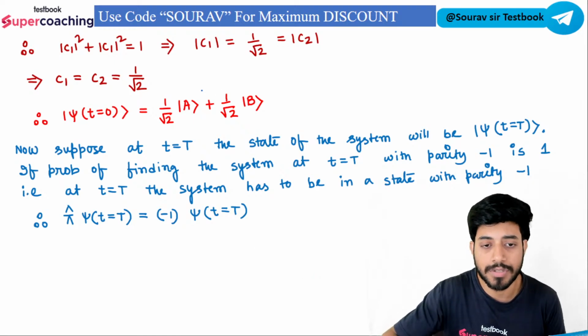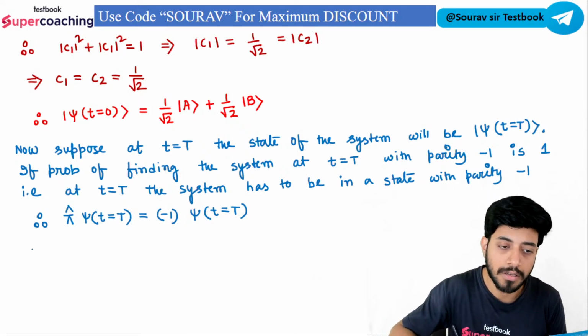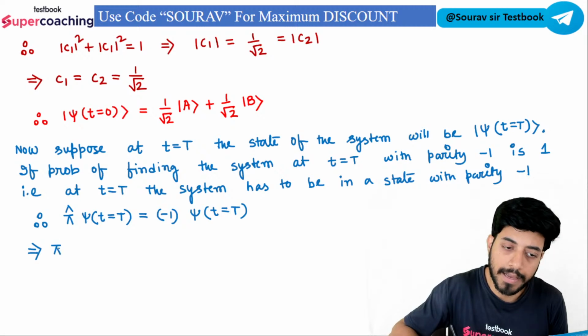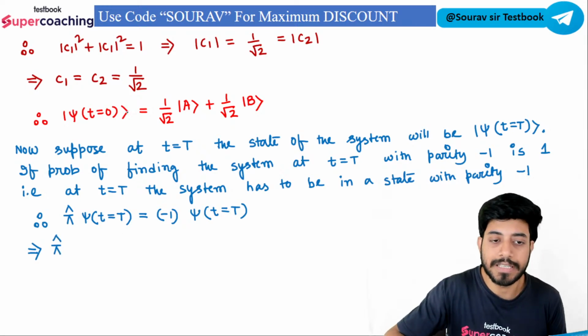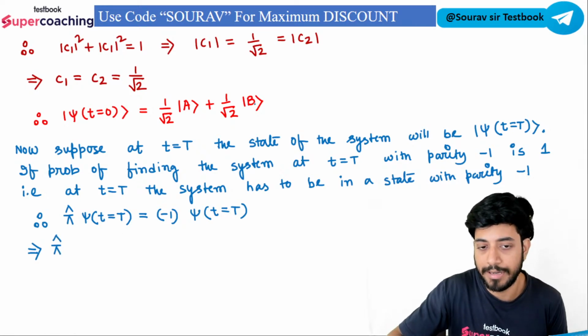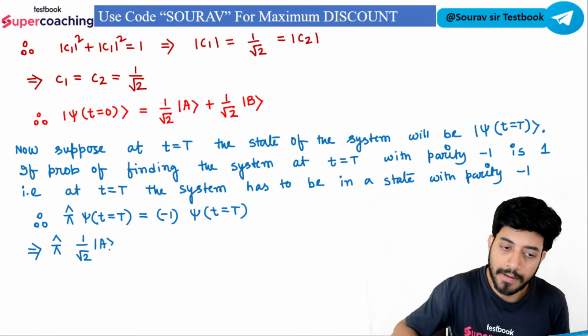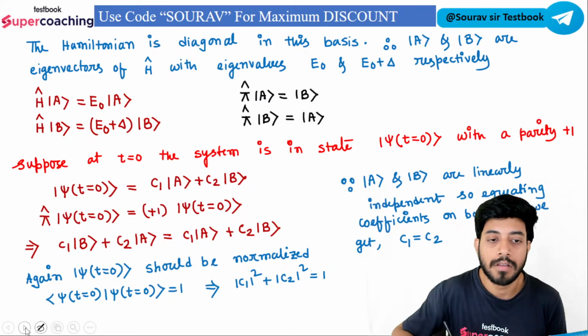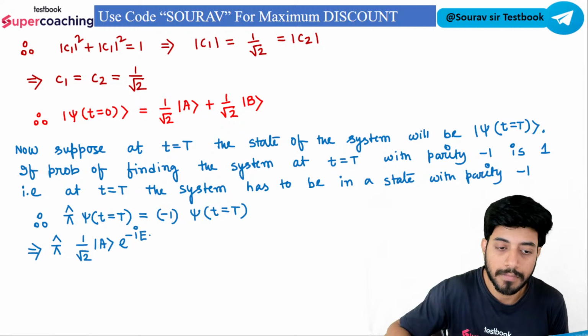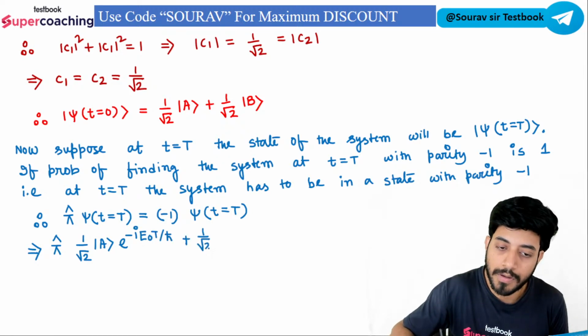Now if t equal to 0, you know how to find out t equals to T. बड़ा आसान है सर. पाई कैप, t equal to 0 पे स्टेट पता है in terms of the eigenvector of the Hamiltonian. तो स्टेट का टाइम रिलेशन कैसे कराते हो? 1/√2 ket a e to the power of negative of i E0 t by h cut plus 1/√2 ket b e to the power of negative of i E1 t by h cut.